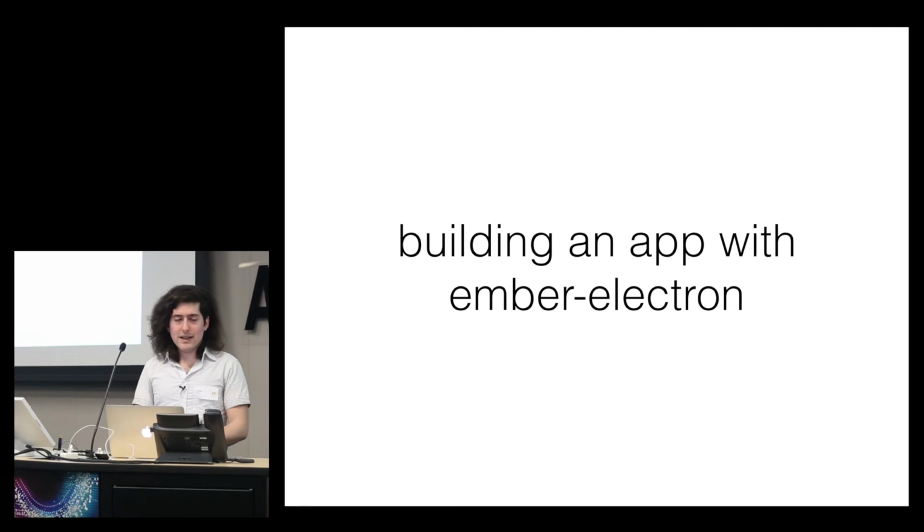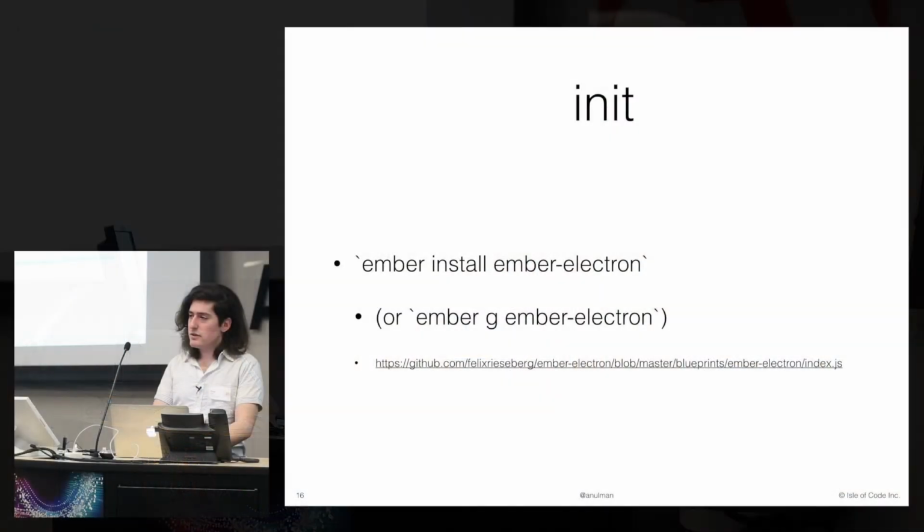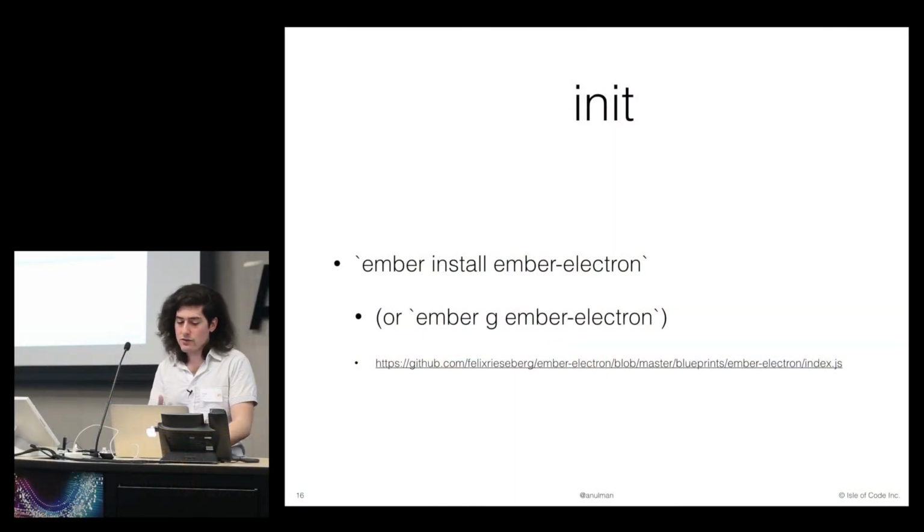So building an app with Ember-Electron, let's say we want to look at some code. We've got an application that we've already built, and we want to init it with Ember-Electron. It's really simple. You literally just tell Ember to install Ember-Electron, or if it's already been installed, you generate Ember-Electron. This does a number of things.